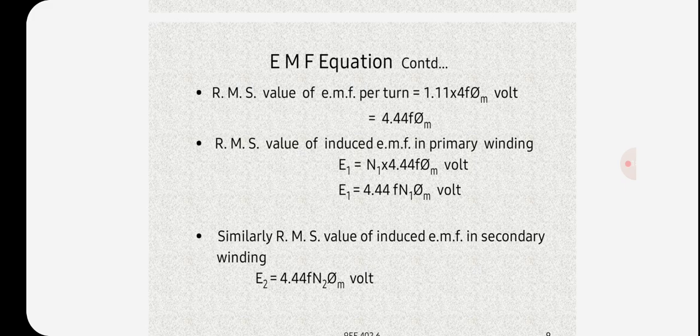So that is 4.44 f phi m into N2 volts, that is equal to 4.44 f into maximum flux density in volts. Here also we can use maximum flux density times area in place of maximum flux. So these two equations are the self-induced EMF and mutual induced EMF.